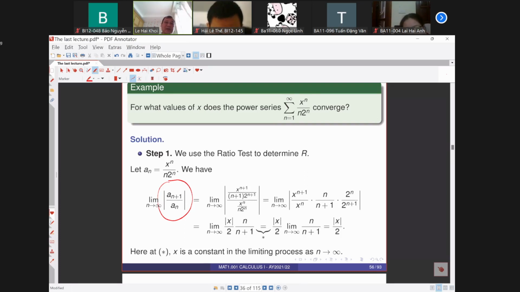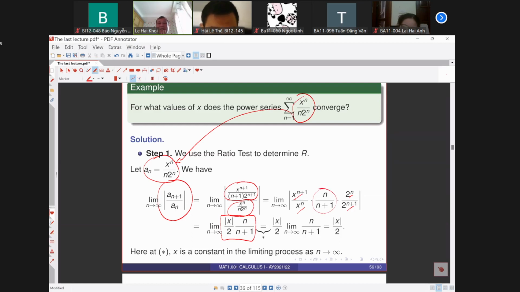So here is a_n, right? We have to use the ratio test for an arbitrary series, which means you have to take the absolute value of the ratio a_{n+1} over a_n. So here a_{n+1}, here a_n. The ratio means you have this one. See, because this cancels, that and this cancel, this and this cancel, only x in the numerator and 2 in the denominator together with that one.